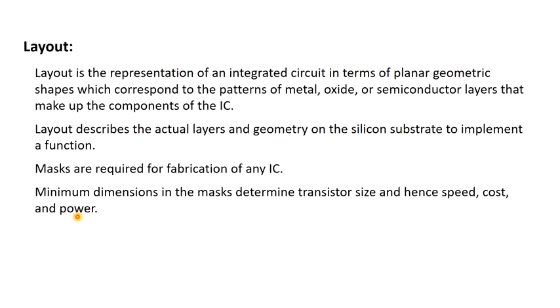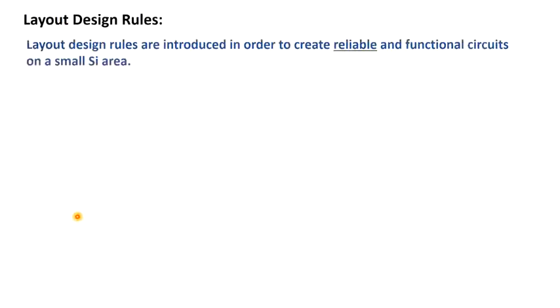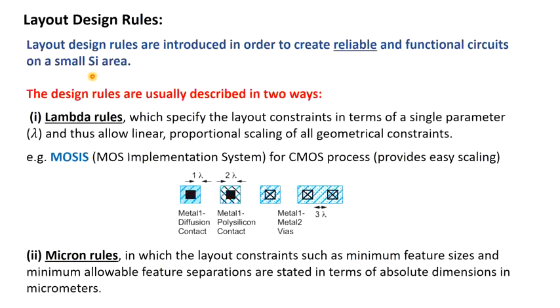So the design of these layouts is guided by different rules, which are known as layout design rules. These rules have been introduced in order to create reliable and functional circuits on a small silicon area. Generally, design rules are described in two ways. The first is known as the lambda rule.